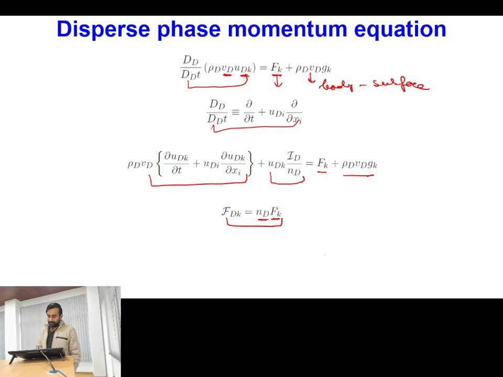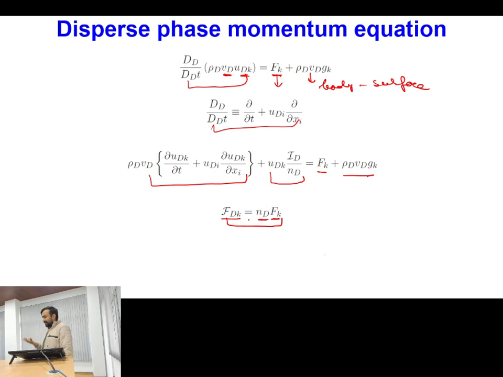There we concluded that if Fk is the interaction force acting on an individual particle because of the continuous phase, and if in our total control volume nd number of particles are present, then in the momentum equation we wrote earlier considering the two fluid formulation, the interaction force is nothing but the number of particles times the interaction force for a single particle.